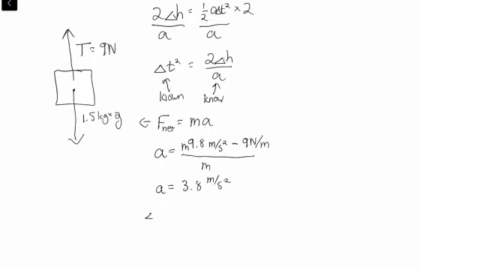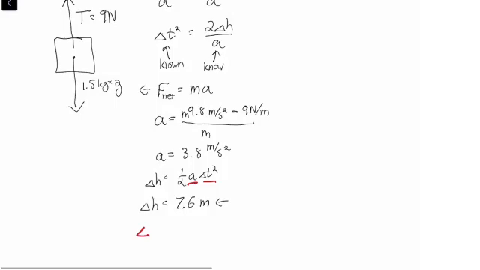And then we can say delta H is 1/2 a delta t squared. Let's just calculate that real quick. That's 7.6 meters. So if delta H is 7.6 meters, and we know the acceleration and we know delta t, we can calculate delta U is mg delta H, which is negative.